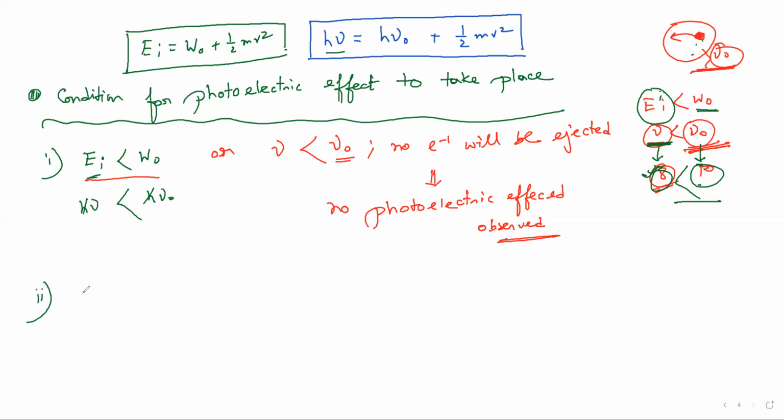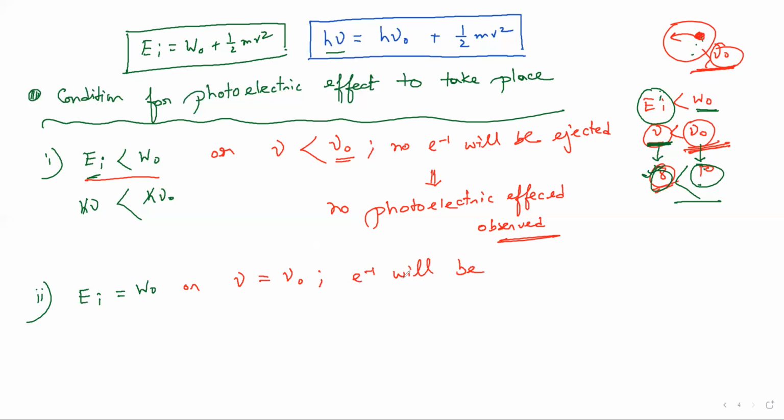No, sir. Suppose this value is equal to W naught. If EI value equals W naught, then we can say nu value equals nu naught. In this case, definitely the photoelectron will be ejected out. That means the photoelectron can be removed.